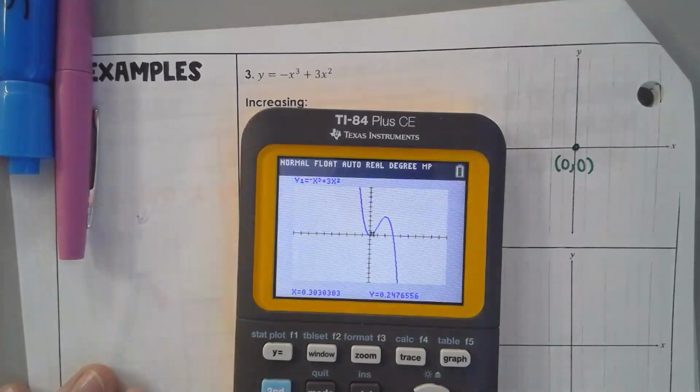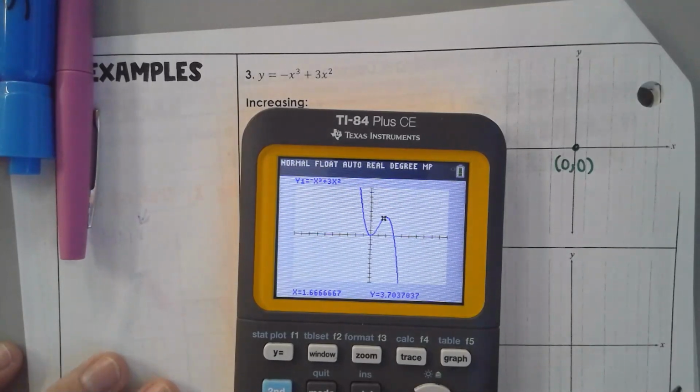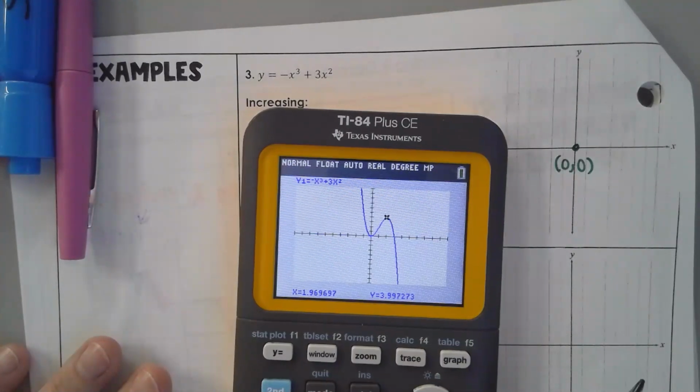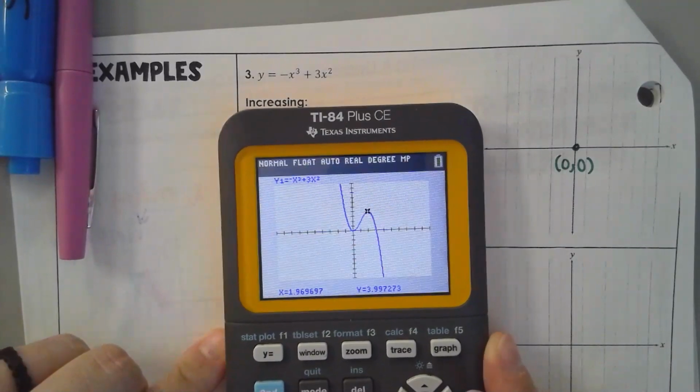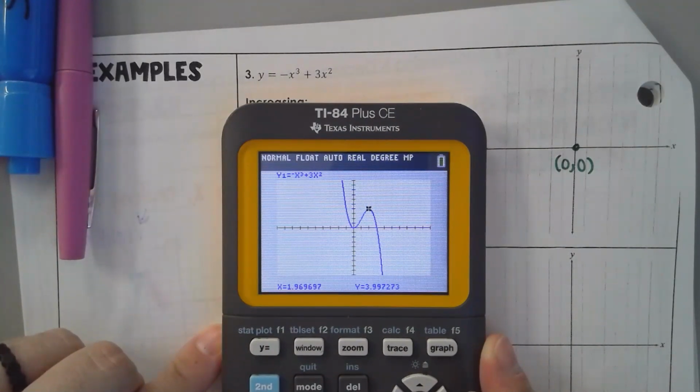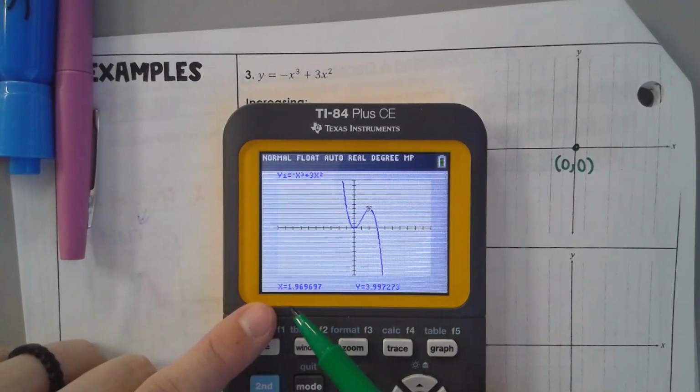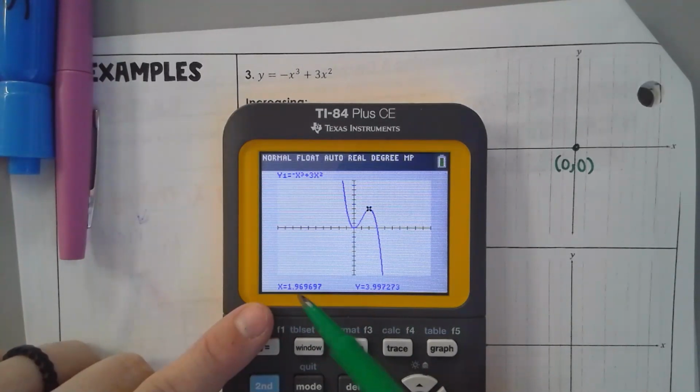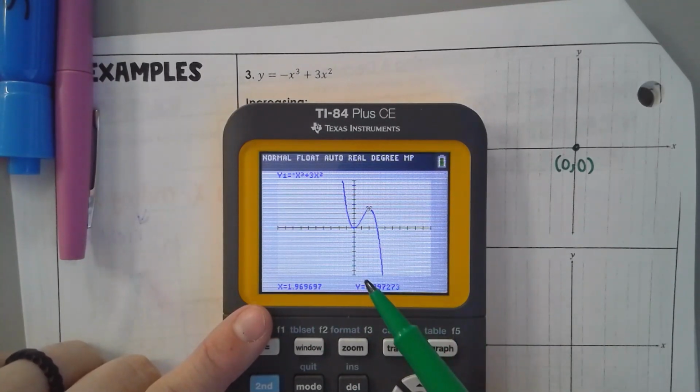And then I keep tracing over to this maximum, which is 1.9, that would actually round up to 7, and then this one would probably just round up to 4.